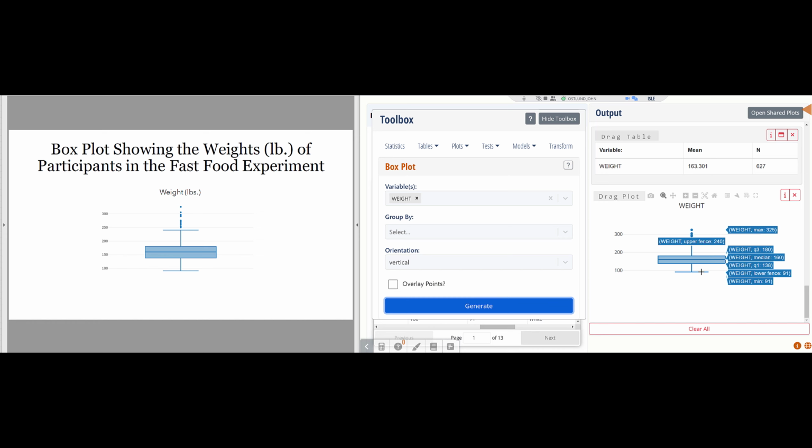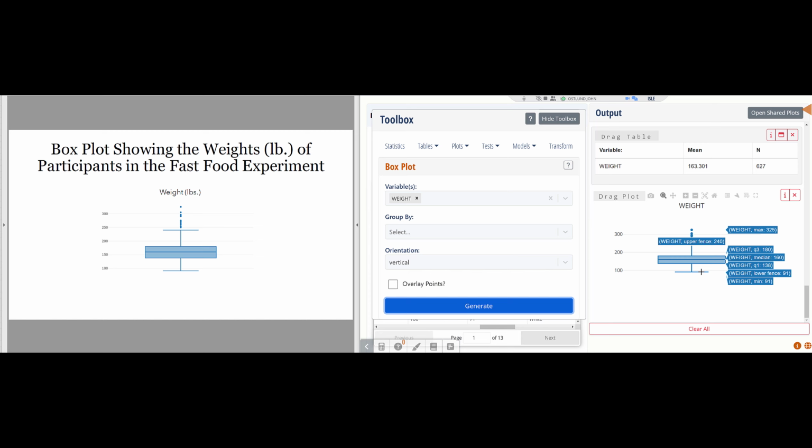We can actually see, if we point at the plot, that the minimum weight is 91, the maximum weight is 325. The lower fence is also 91 because that's both within 1.5 interquartile range widths, and it's also the lowest value.